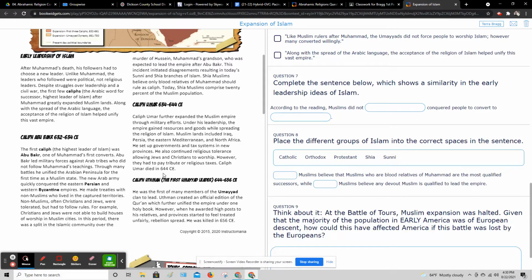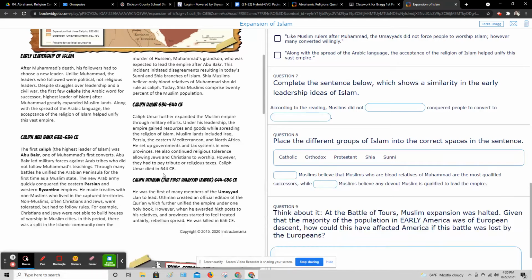So, notice that Christianity and Judaism, they're being allowed to exist. A lot of reasons for this, you will see throughout our notes and on the activity we are going to do later comparing the religions, is actually that Jews, Christians, and Muslims, they all worship the same God, and they all are following some of the same essential beliefs.